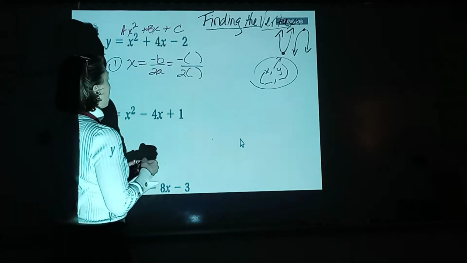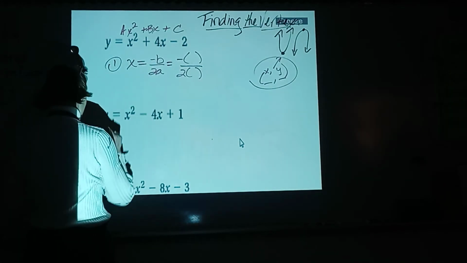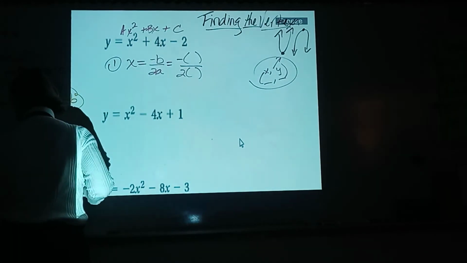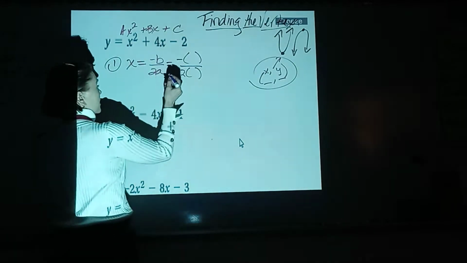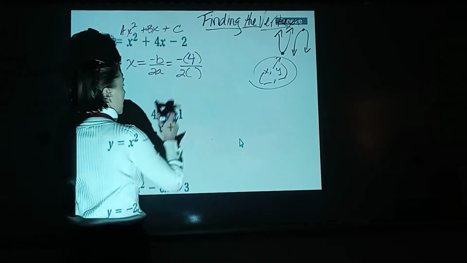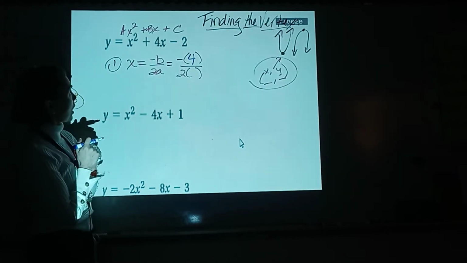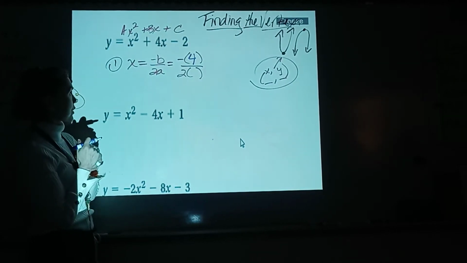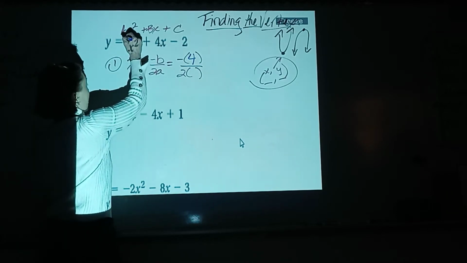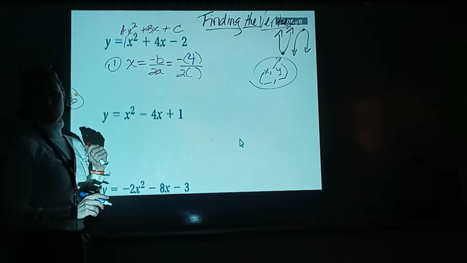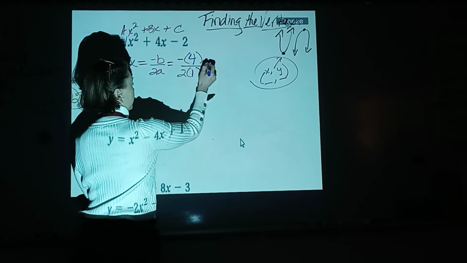So what is our b in our equation? 4. Just the number. We're not talking about the variable, just the number itself. So let's put 4. And what is our a value of our quadratic? Even though it's not there, there's a 1 there, so the a value is 1.